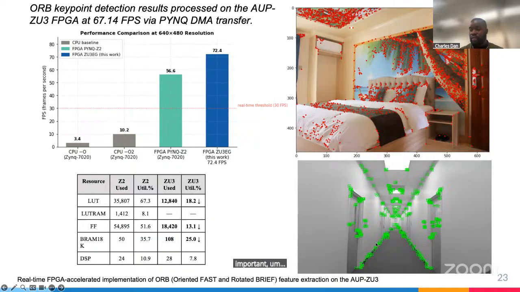For the Z2, we utilize a very small amount of lookup tables compared to the ZU. So it was a decrease as compared. And if you look at the other resources, we also had a very good amount of performance.